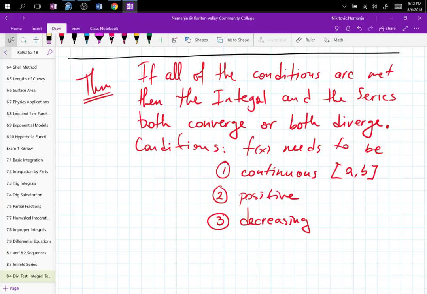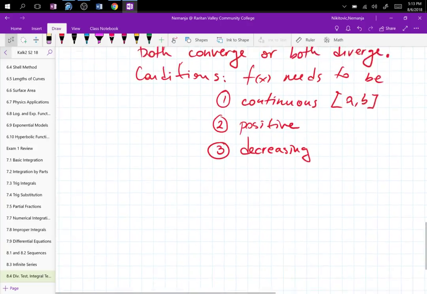So you will always be using that limit b. Now, if these conditions are met, then instead of solving the series, you solve the integral, and they both converge or they both diverge at the same time.